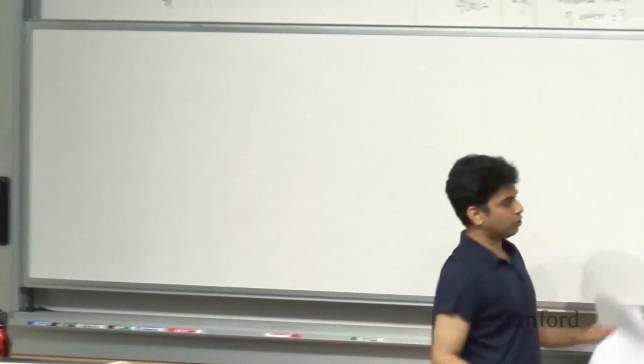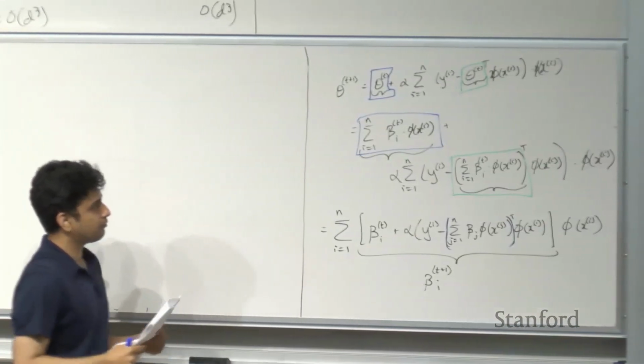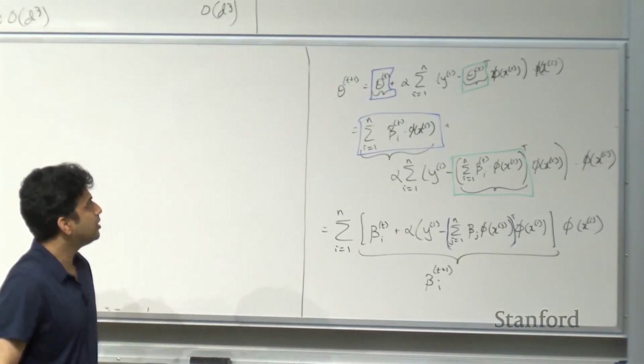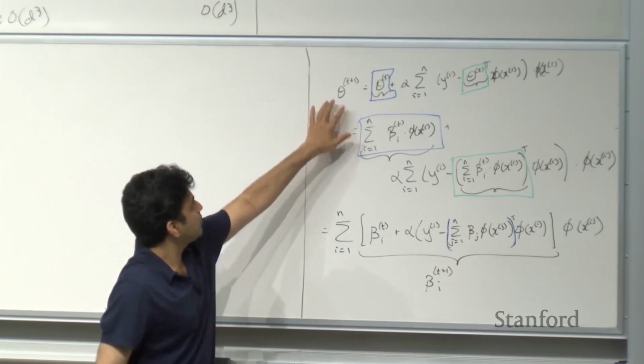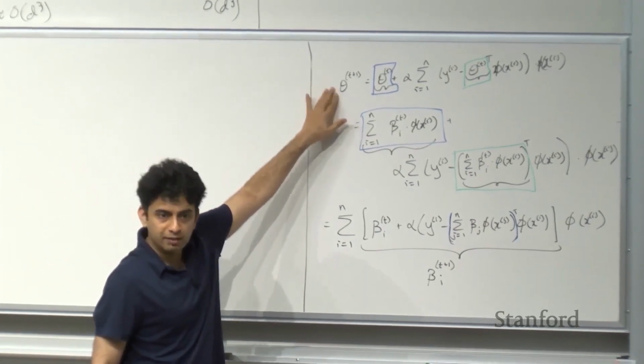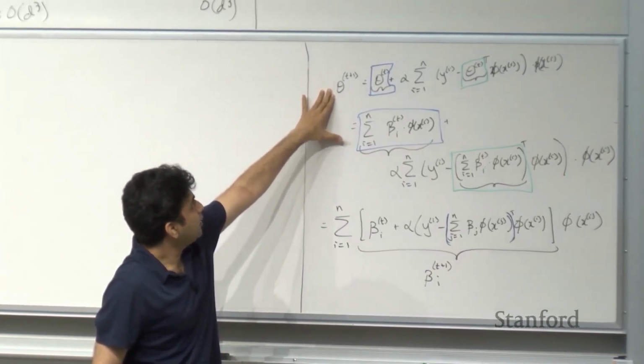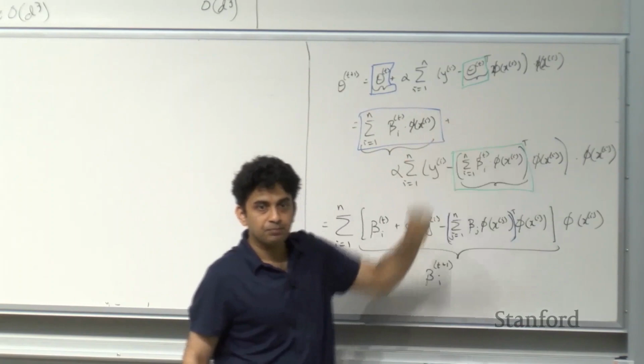Let me go over this one more time, just because this is probably the most crucial part to understanding kernel methods, right? We started with the theta vectors. We're performing gradient descent over theta vectors on the parameter space, and this is the update rule that we have, right?